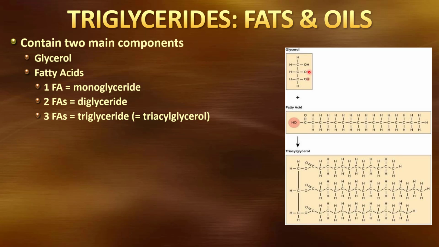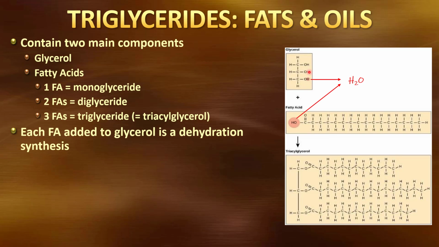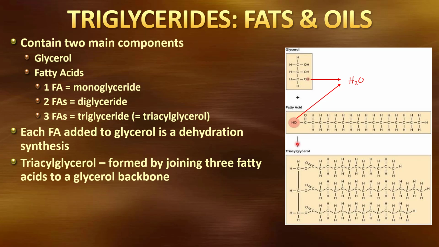Each fatty acid that we add to the glycerol is a dehydration synthesis like we have seen before. So we take an OH group off of this fatty acid, an H group off of the glycerol, remove that water, and then create the bond between this carbon and that oxygen. So again, if we join 3 fatty acids onto that glycerol backbone, we have triacylglycerol.